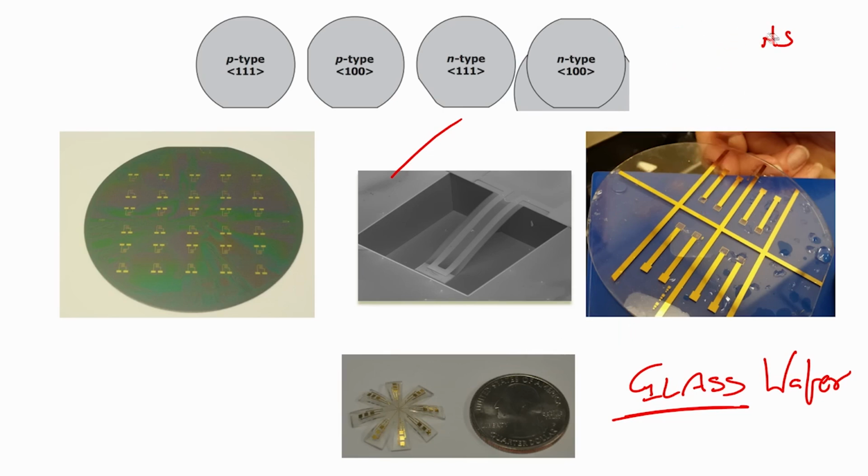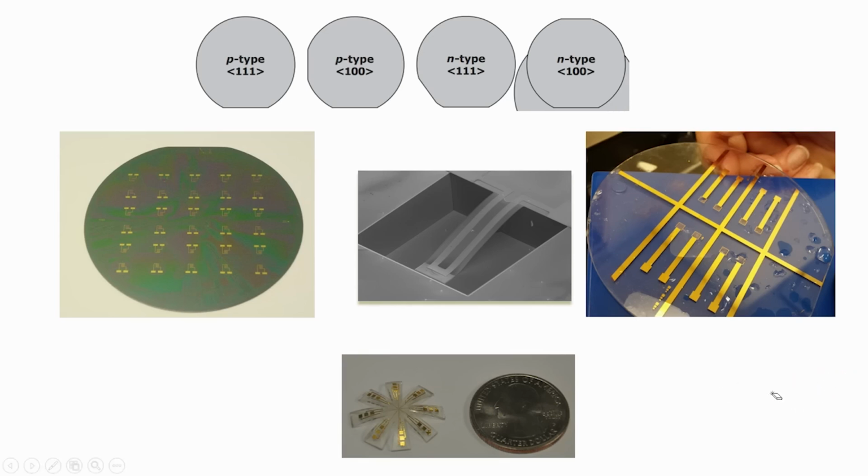Then we see how the glass substrate looks like. We have seen the silicon substrate, we have seen the oxidized silicon substrate, now let us see how the glass substrate looks like. Again, do not get confused if there is some pattern on the glass. The point is you see how the glass wafer looks like.